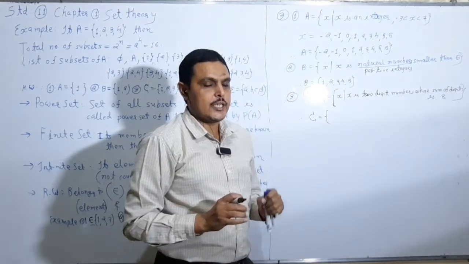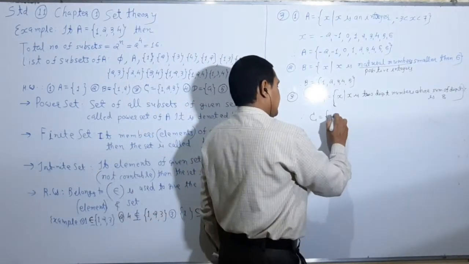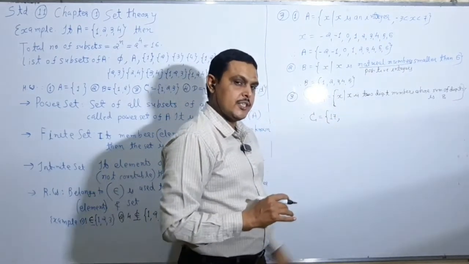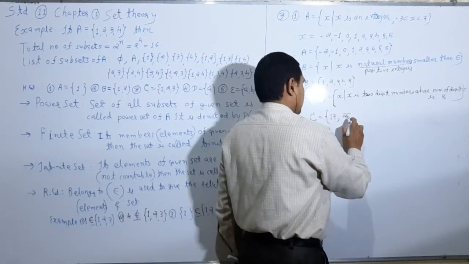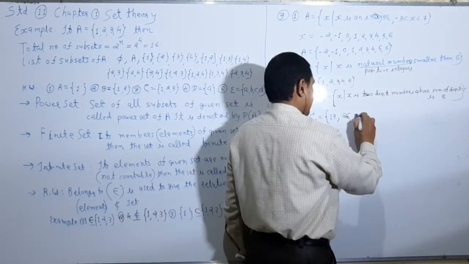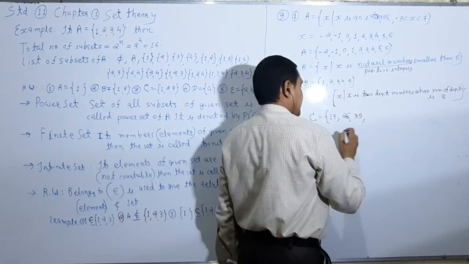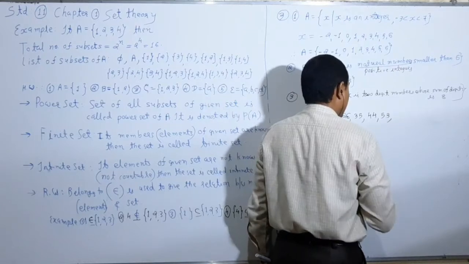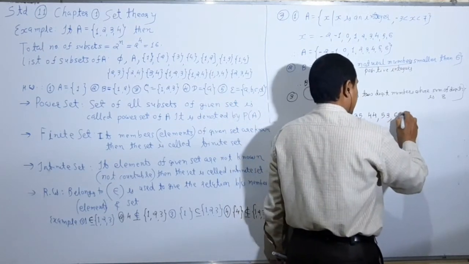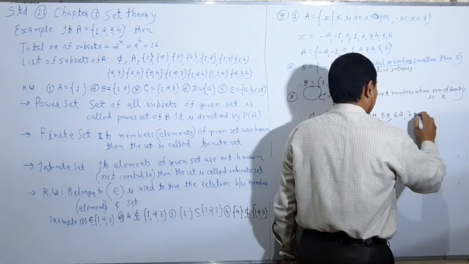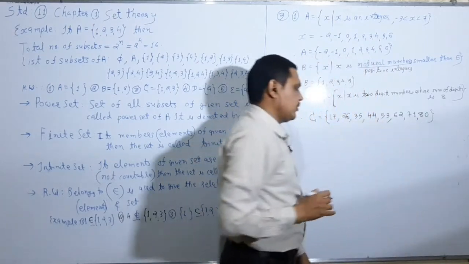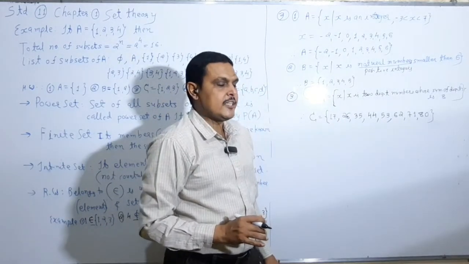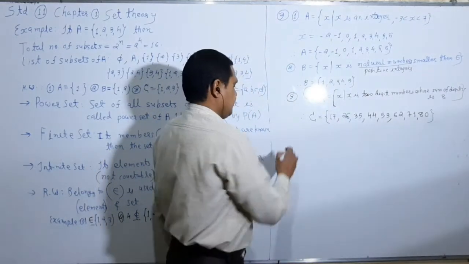Out of all 2-digit numbers, 1, 7 has sum of digits equal to 8. Now the next number is 2, 6, then 3, 5, then 4, 4, then 5, 3, then 6, 2, then 7, 1, and then 8, 0. These 2-digit numbers have a sum of digits equal to 8.